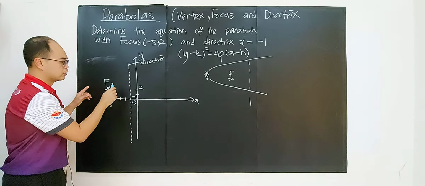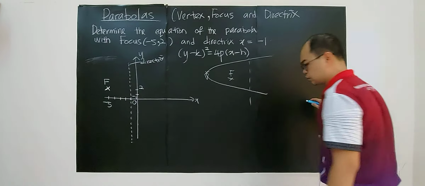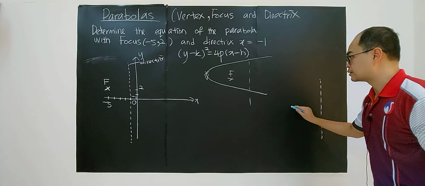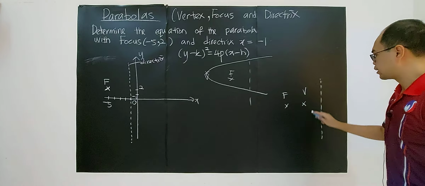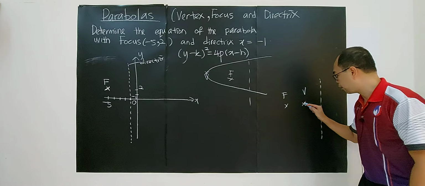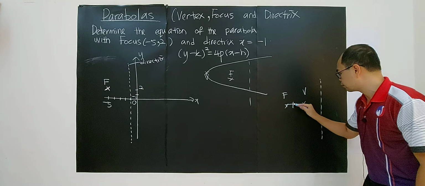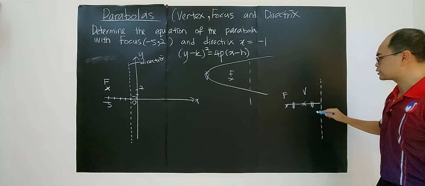So the vertex will be somewhere here, right? So if you know the shape of the parabola, if there is a directrix here and a focus here, the vertex will definitely be here, right? Because the vertex is the midpoint. The distance from the focus to the vertex is the same as the distance from the vertex to the directrix, right?